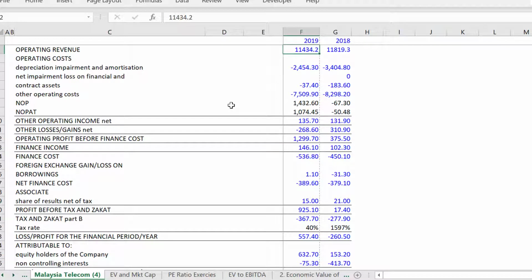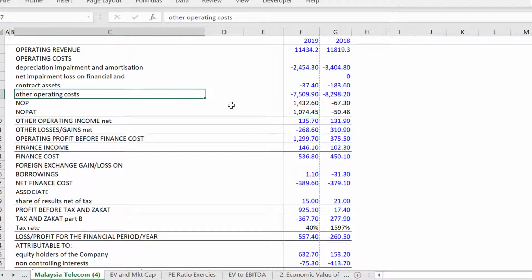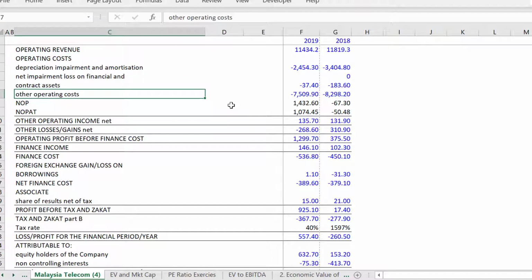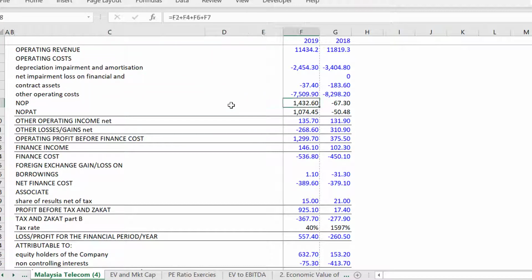It tries to focus on what your company is really doing. So you go down, after you put the depreciation, to the net operating cost. And oh, look, they had a negative here in 2018. If they had a negative like this, you'd probably want to take some kind of impairment costs out of here. So you have to make a little bit of a judgment about what's an ongoing cost.